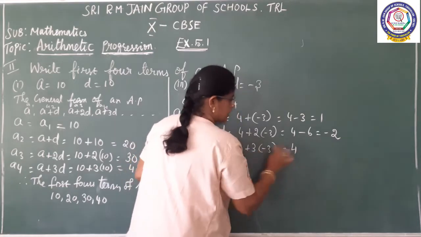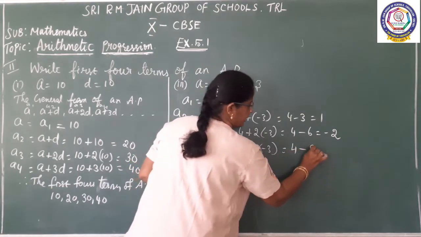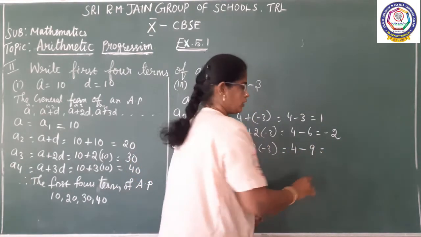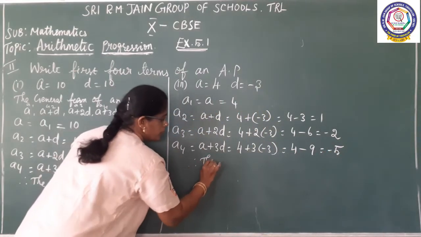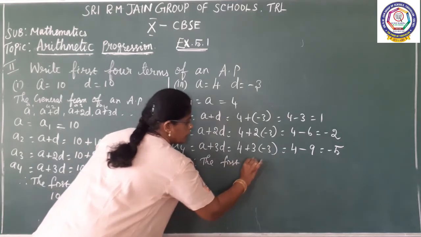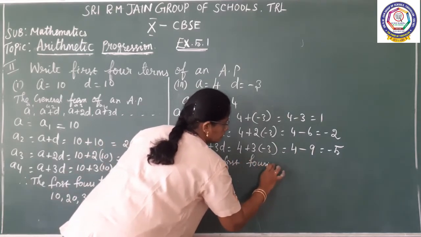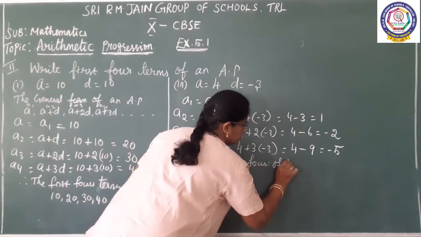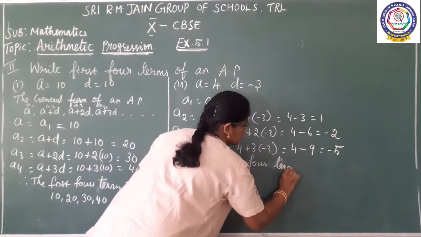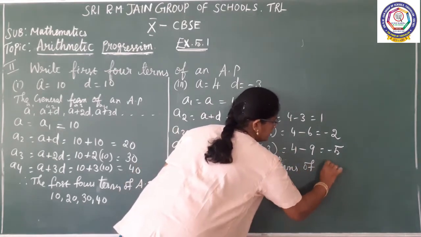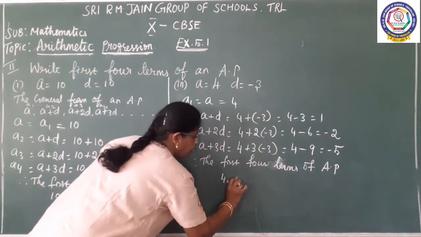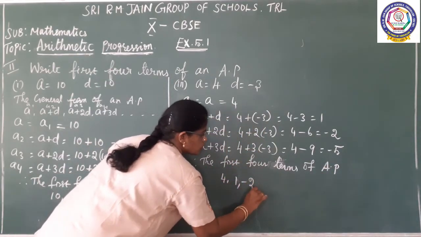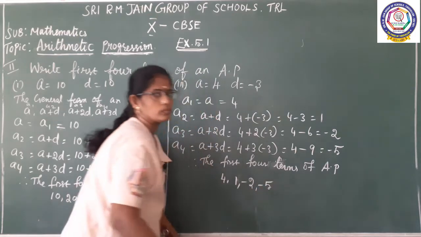So 4 plus into minus, 3 3s are 9. So 4 minus 9 equal to minus 5. Therefore, the first 4 terms of an AP: 4, 1, minus 2, minus 5.